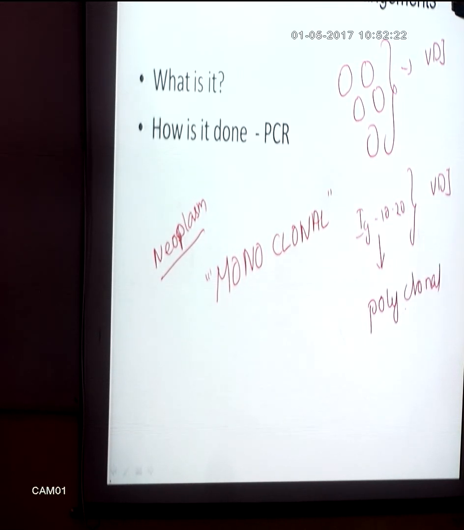So if I have a doubt, I'll take all these lymphocytes and do a PCR, and I'll be able to say all the 100 lymphocytes have the same VDJ combination. Then obviously all these are monoclonal. It can never be an infection. If all 100 have the same VDJ combination, it can never be an infection. It should be a neoplasm.